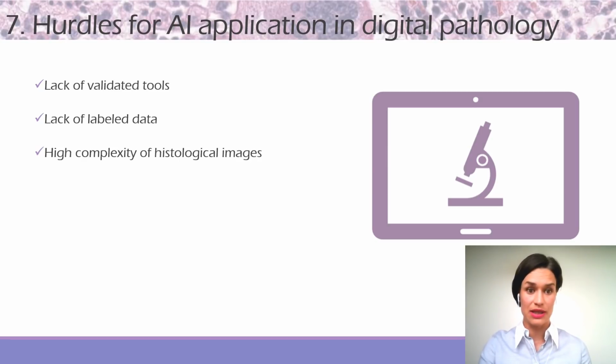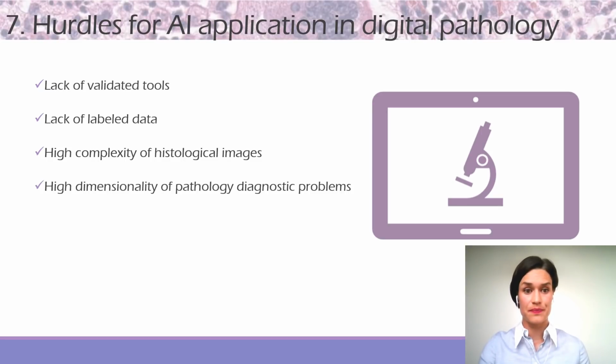So lack of labeled data, high complexity of histological images. In comparison to radiology or cardiology, the complexity of histological images is much, much higher. We have different colors, textures, tissues, organs, and this multiplied by each other contributes to this high complexity of histological images.